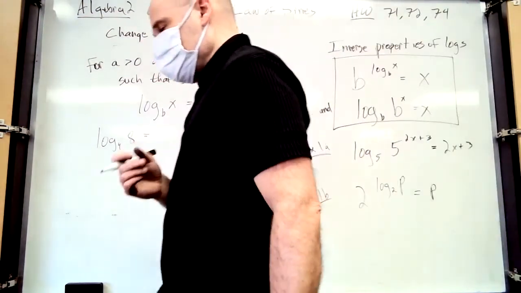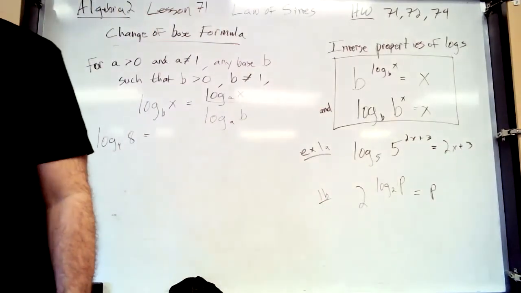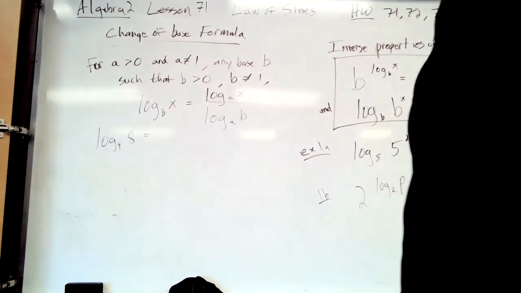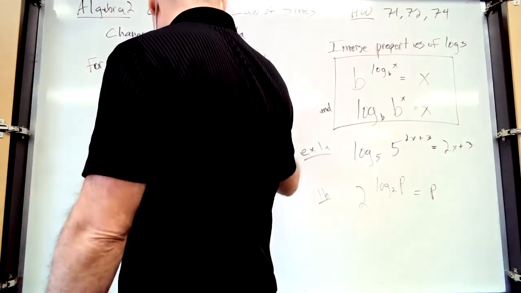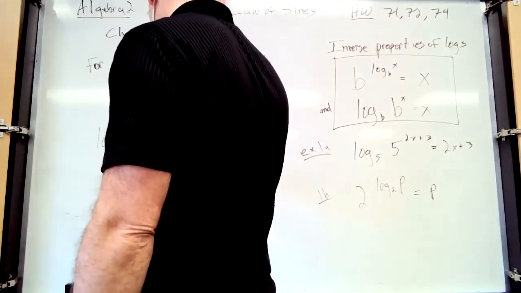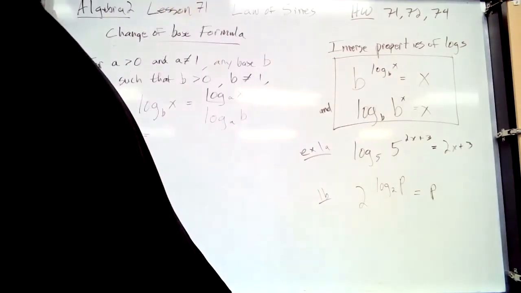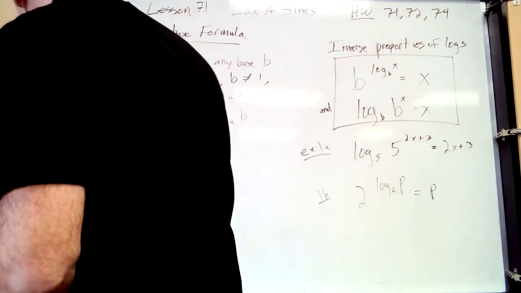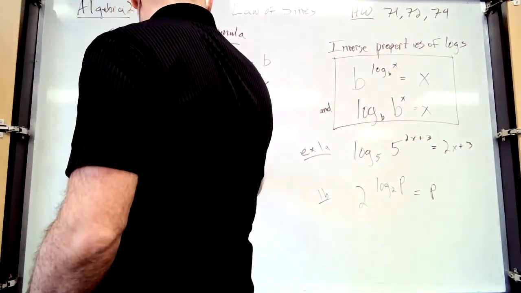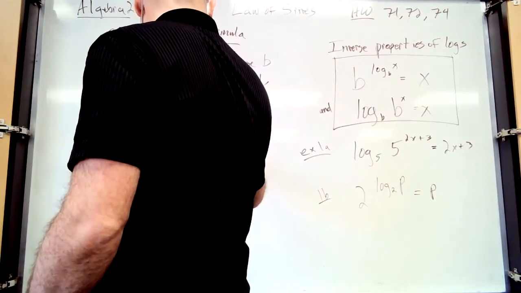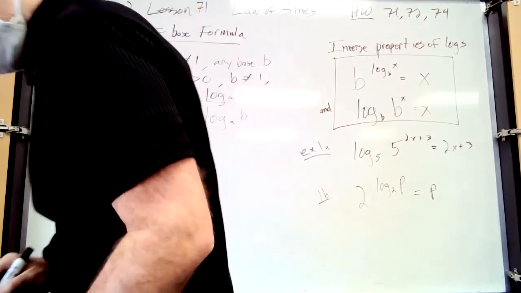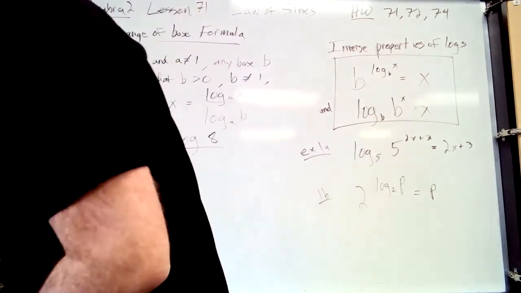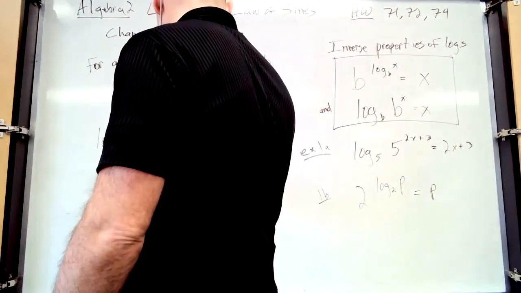Now, your calculator doesn't do that exponentially, so you have to use logarithms. We're going to apply this formula. Log base 4 of 8 is log base 10, so you just say log of 8 over log of 4.